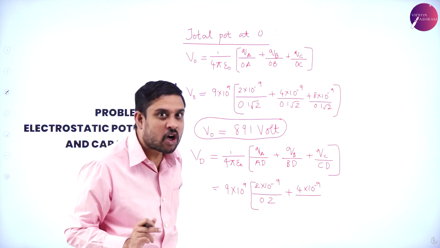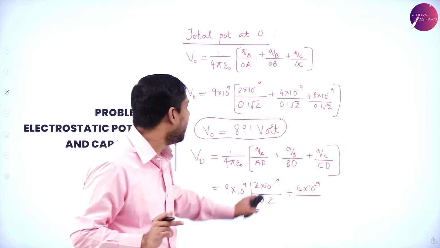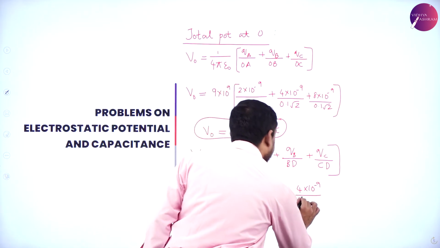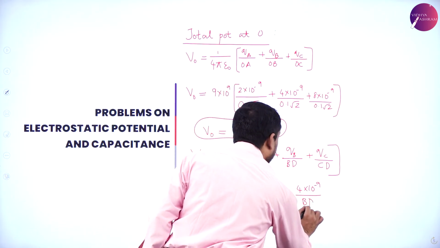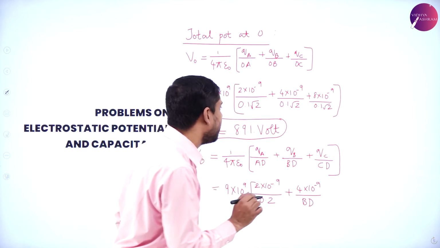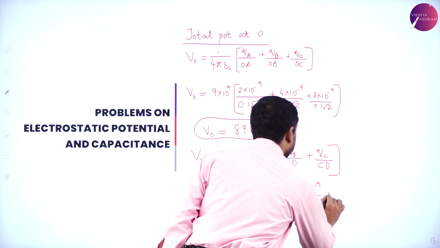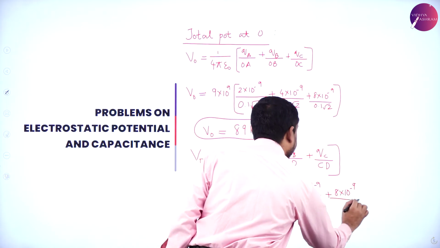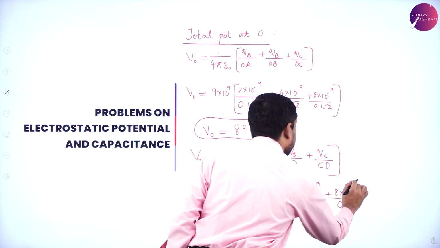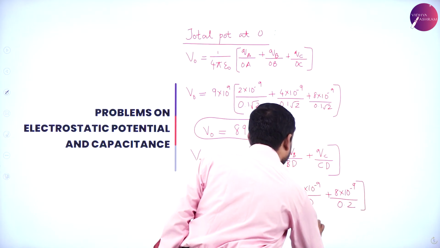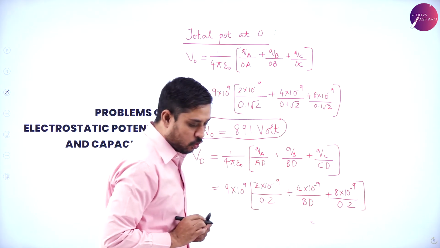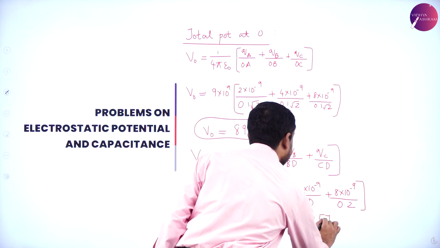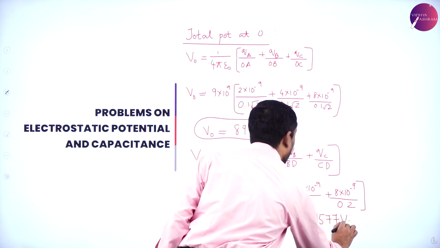Be very careful on substitution here. BD is the hypotenuse. I just write as it is because you have already calculated before. Plus 8, again CD 0.2, which turns out to be 577 volts.